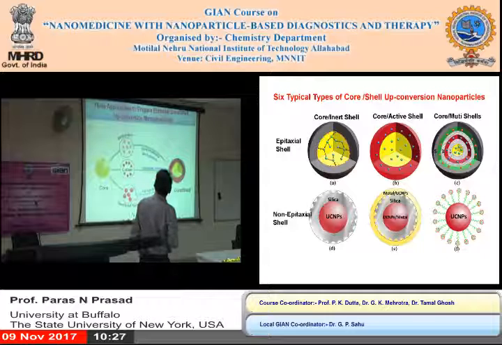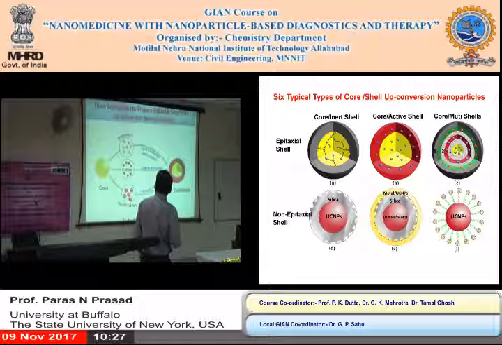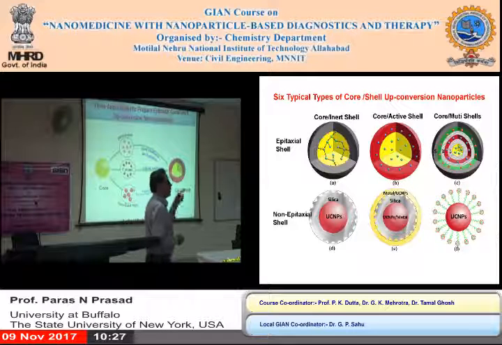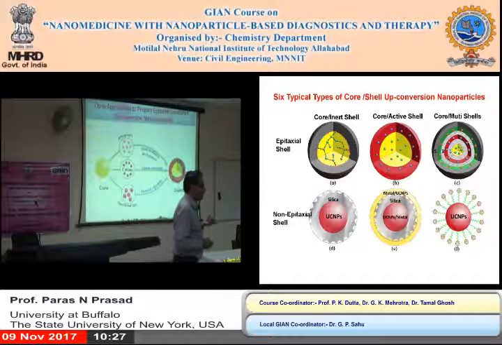So how do you make these? The epitaxial one is easy to make. You can make a core first, and then you can do an exchange. Suppose the shell you want to make has another ion instead of one ion, for example calcium instead of yttrium.